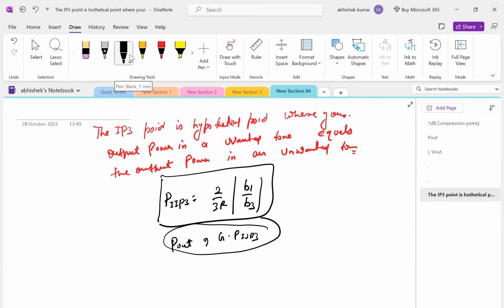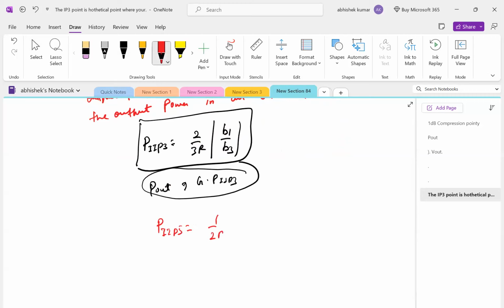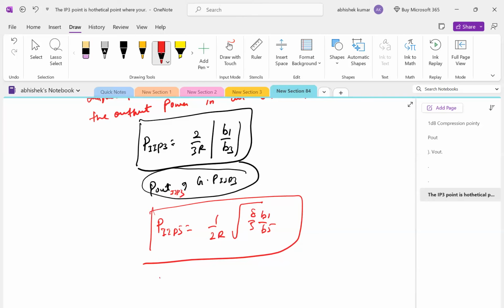Similarly, they have derived IIP5 also, and that is 1 by 2R times 8 by 5 B1 by B5. This is your IIP5, and also P output for IIP5 equals gain into PIIP5.